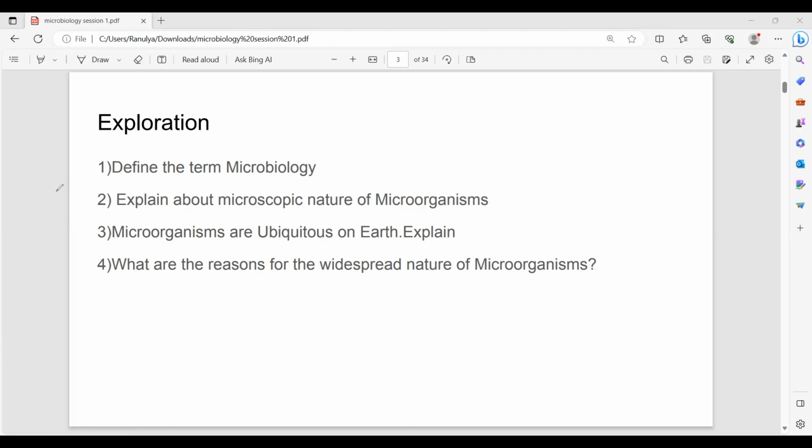Next point, microorganisms suspended in air as bioaerosols have the opportunity to travel long distances with the wind current and precipitate. Next point, pathogenic bioaerosols cause opportunities for disease spreading.